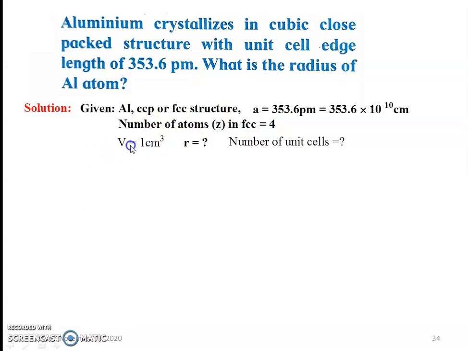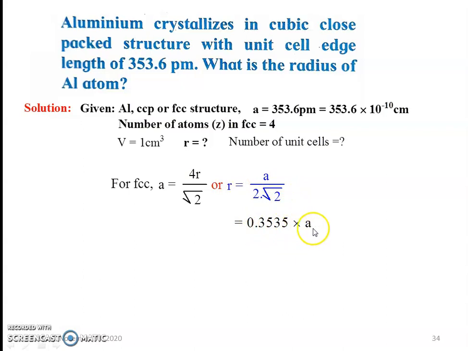Consider the volume as 1 centimeter cube. Radius we have to find out. Now for face centered cubic system, a is equal to 4r upon root 2, or r is equal to a upon 2 into root 2. So r is equal to 0.3535 into a, because 1 upon 2 into root 2 is equal to 0.3535, and this is the a.